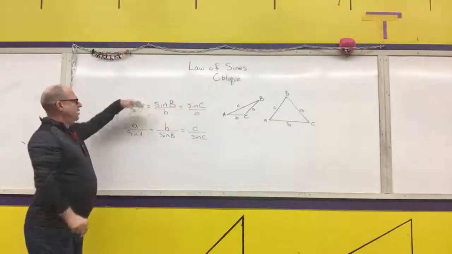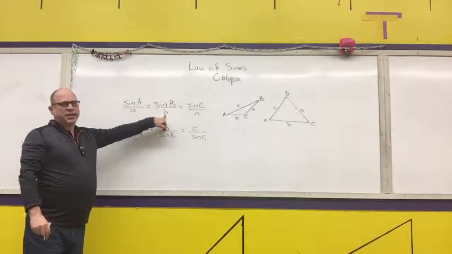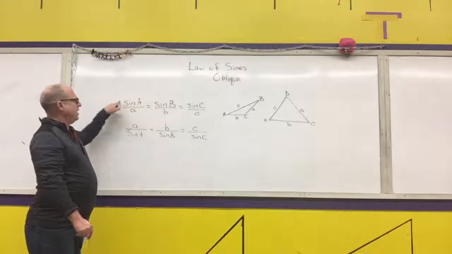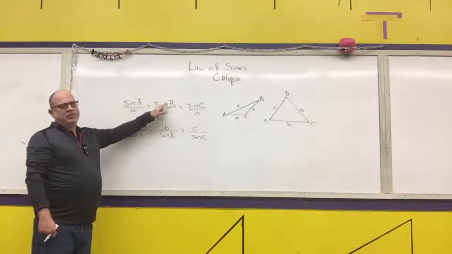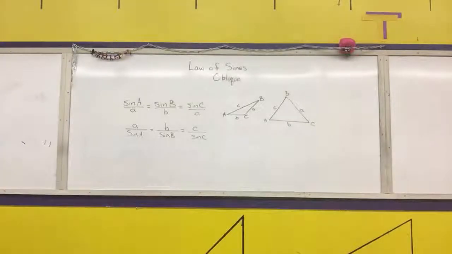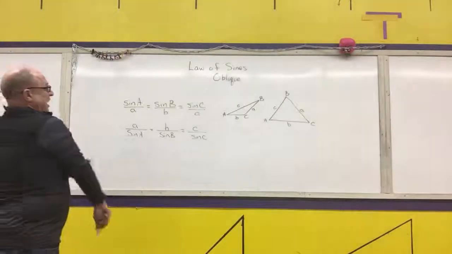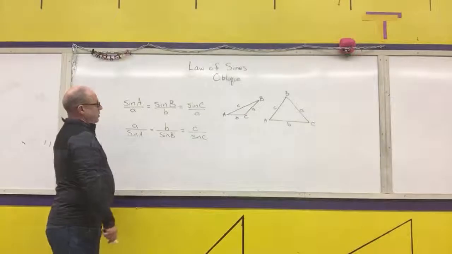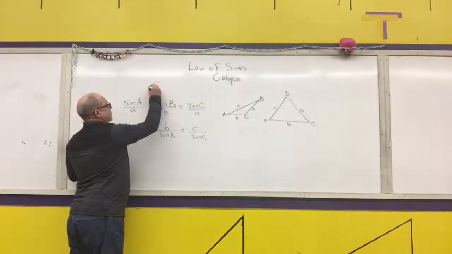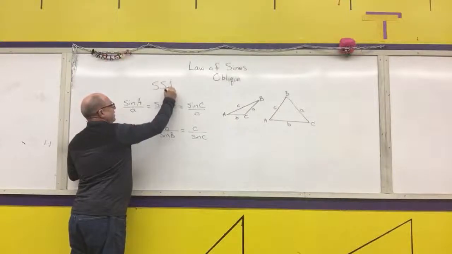If you're given 2 angles and a side, you'll directly solve for a side just using regular trig functions. If you're given 2 sides and an angle, you'll end up taking an inverse trig function, which I will show you in the examples.